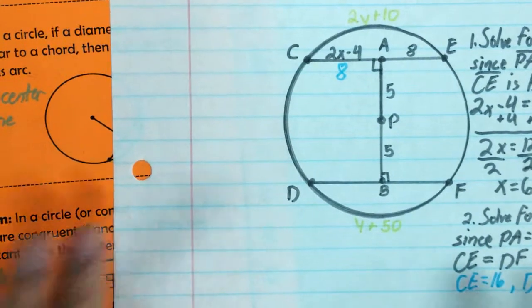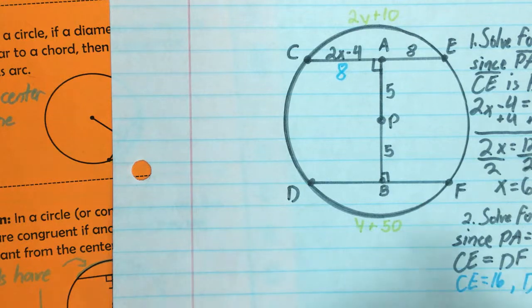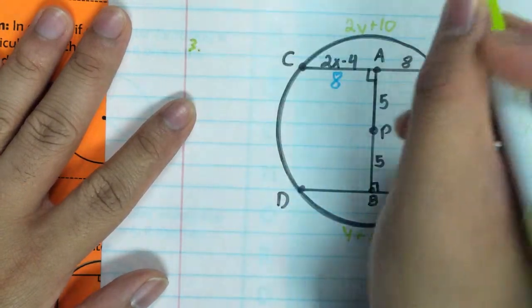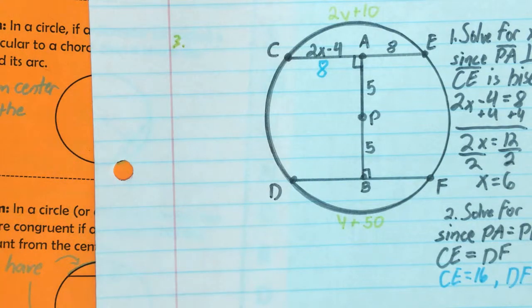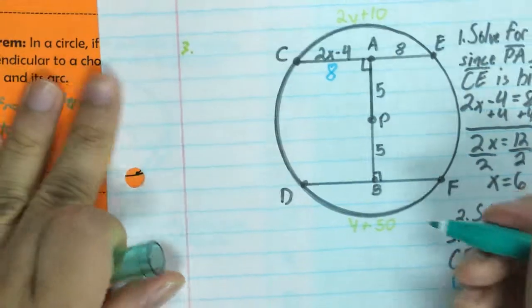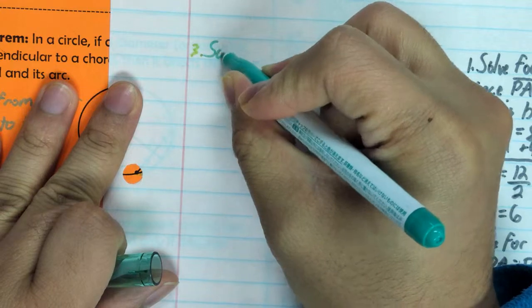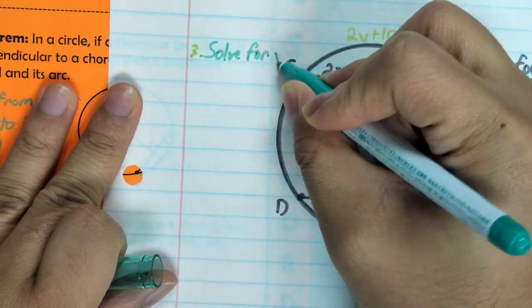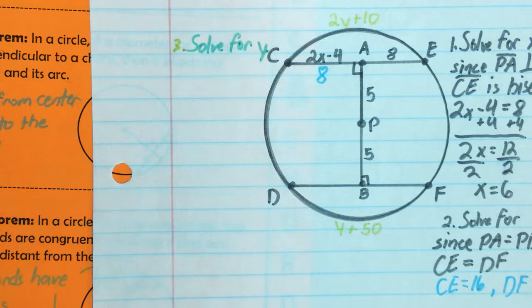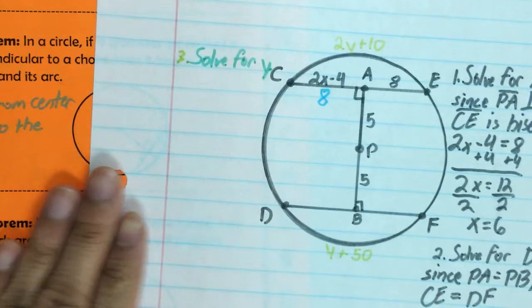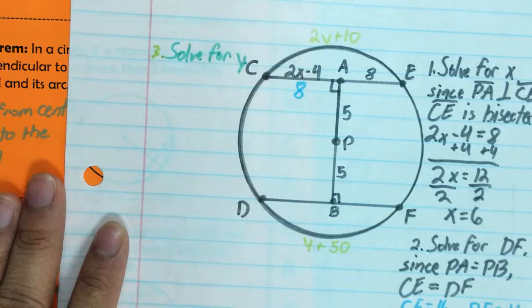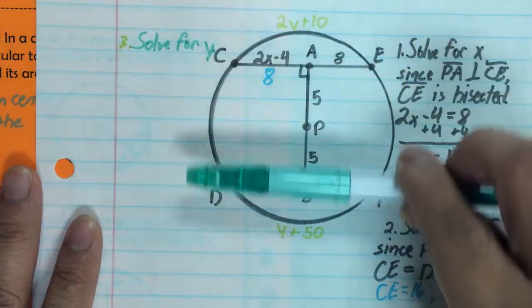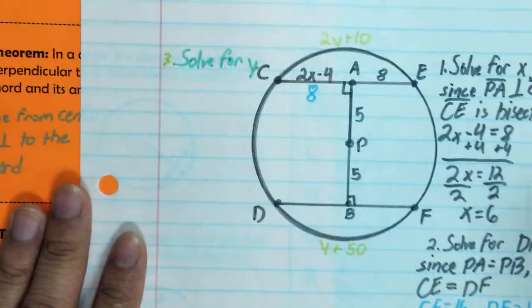Last example. Number 3. Let's solve for y. Alright. So coming from number 2 tells me that CE is congruent to DF.